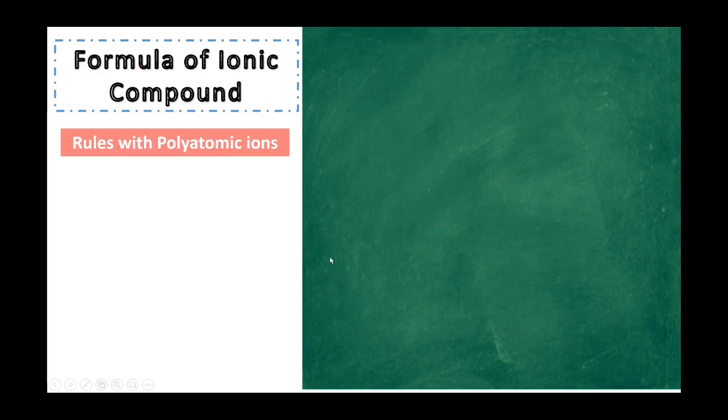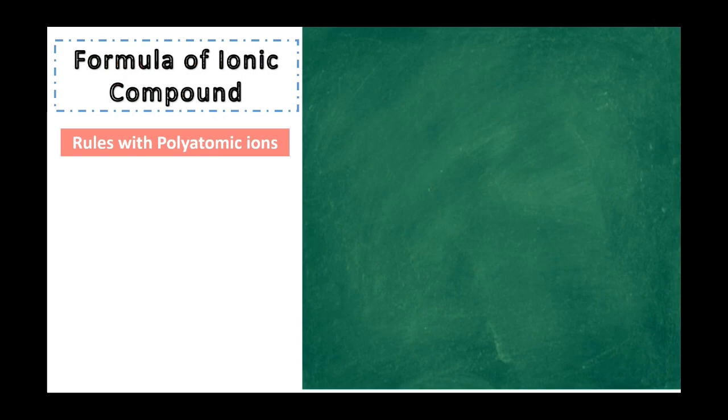Next is, how about if we have polyatomic ions? So when we say polyatomic ions, class, this is composed of different atoms. So 3 or more. That is why poly, many. So you can look at the back of your periodic table and you can see all of the polyatomic ions.